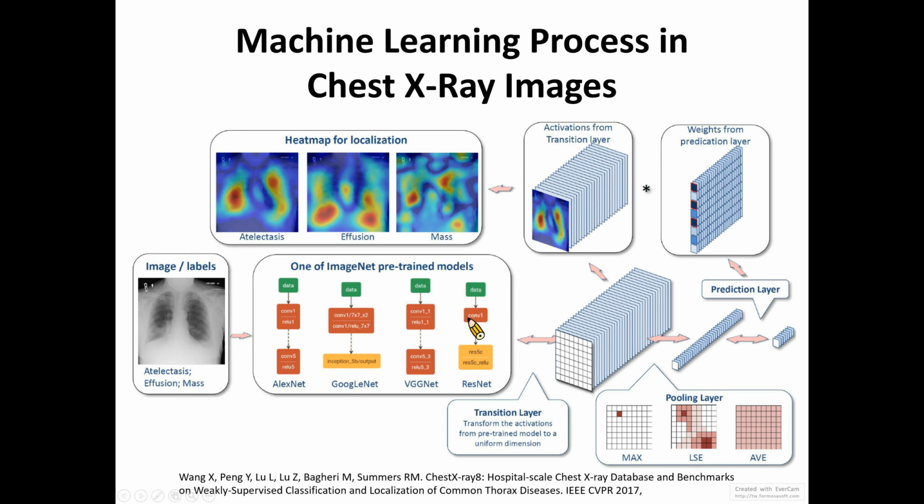So using these pre-trained models, our hypothesis is that because the model itself can already identify some objects in the real world, it's just like a human baby. It can already see and identify lots of things in the world. So ideally, if we learn how to see this world, then we should be able to identify abnormal findings in a chest X-ray.